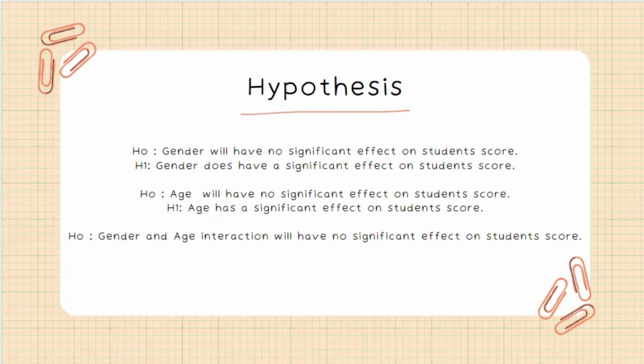And then the alternative hypothesis is age has a significant effect on student score. And the third hypothesis, the null hypothesis, gender and age interaction will have no significant effect on student score. So we're going to find out if the statements are true once we have the result.